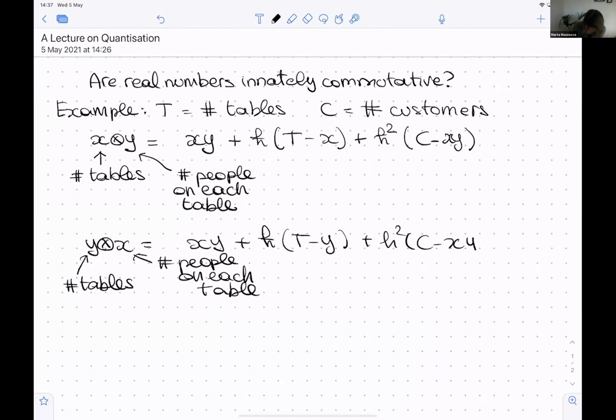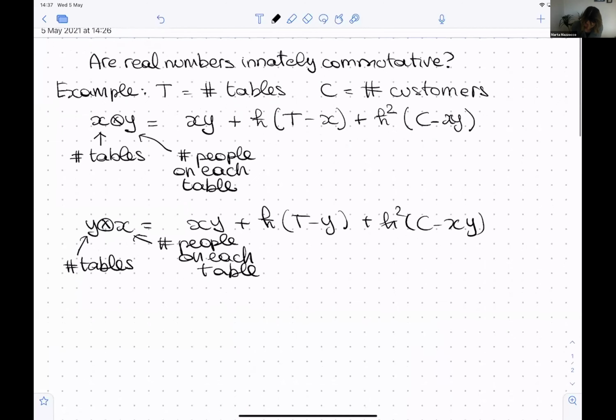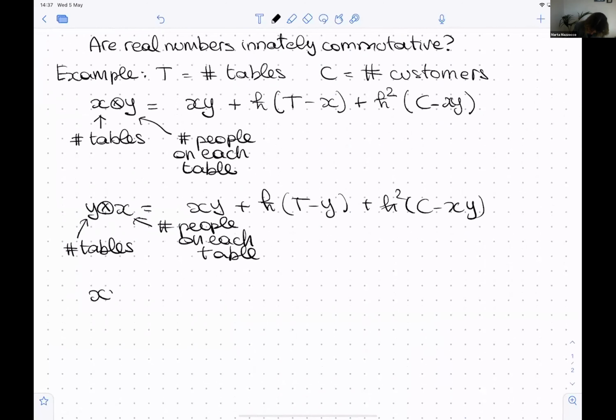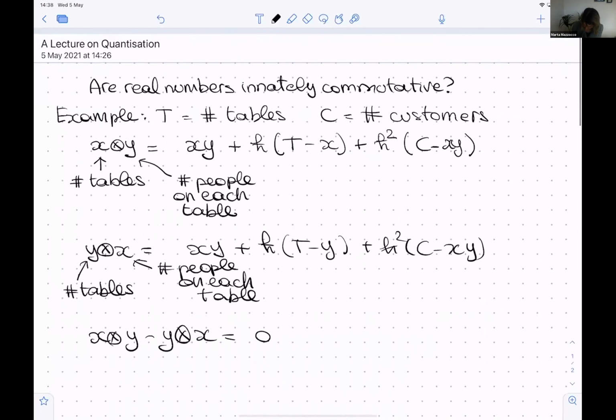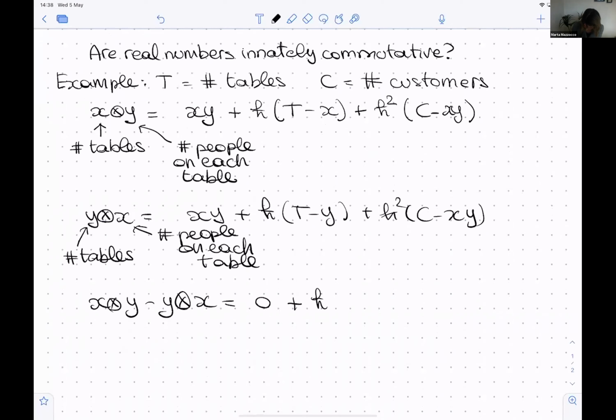And so we see that with this operation, x star y minus y star x gives me 0 at order h bar to the 0, but at order h bar gives me x minus y. So we have that this operation is not commutative anymore.